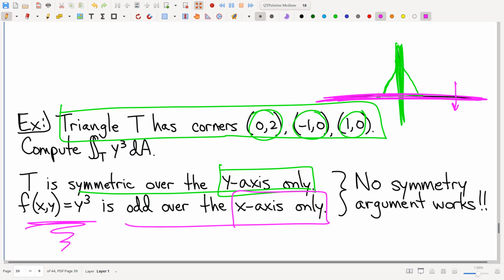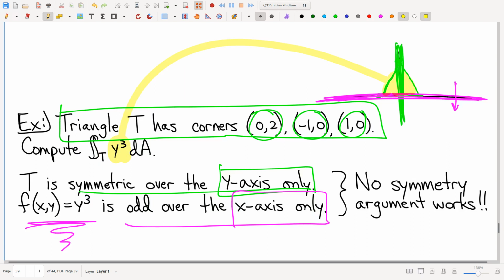Right. By the way, here's another obvious way to rule out symmetry on this integral, if you're looking for an easy one. Notice that on our domain, our integrand being y cubed is clearly always positive.